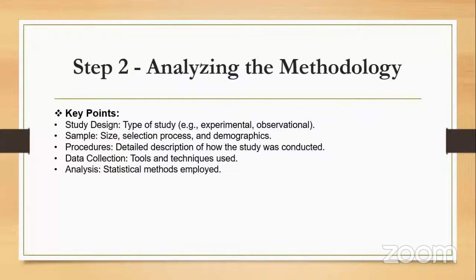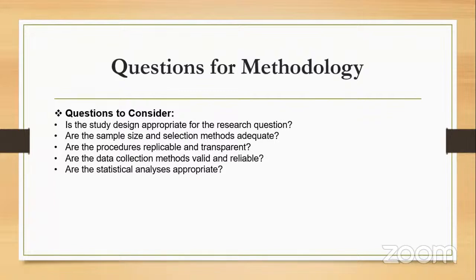We have the sample, which is the size of the study participants, the selection process, the demographics. We have the procedures, which is a detailed description of how the study was conducted. We have data collection, which are the tools and the techniques used to collect the data, and the analysis, which is the statistical methods employed in analyzing the data collected.